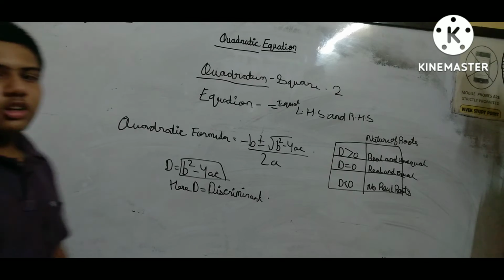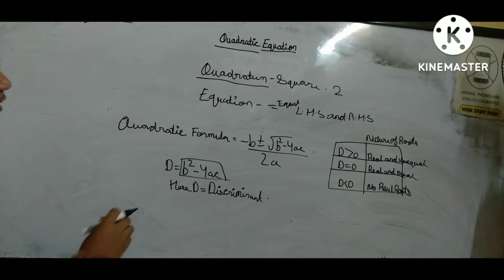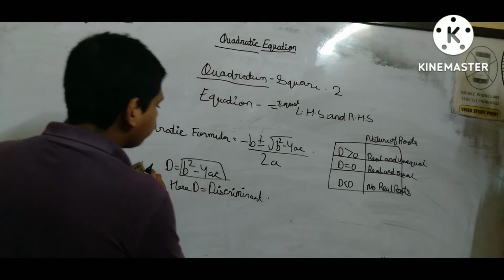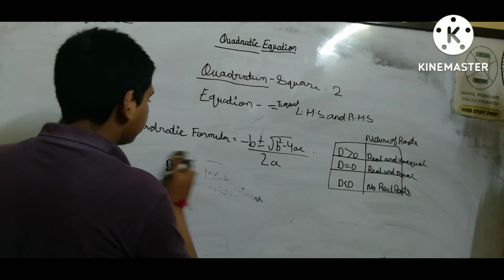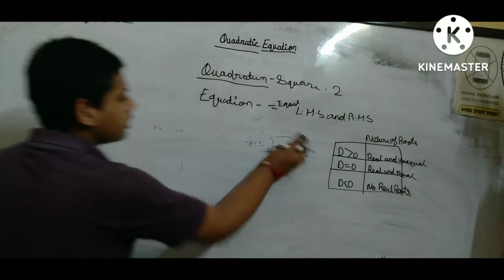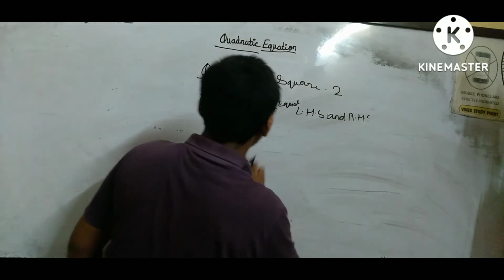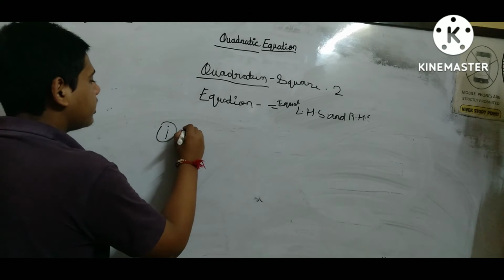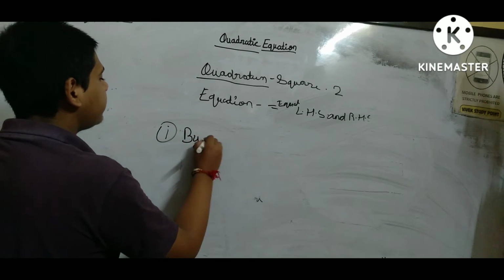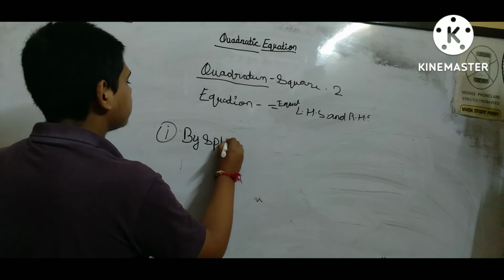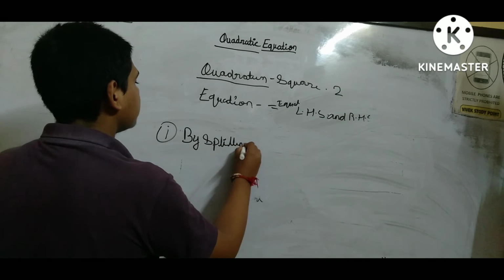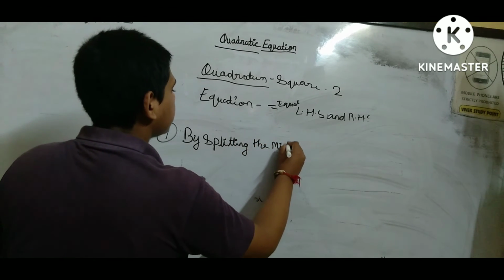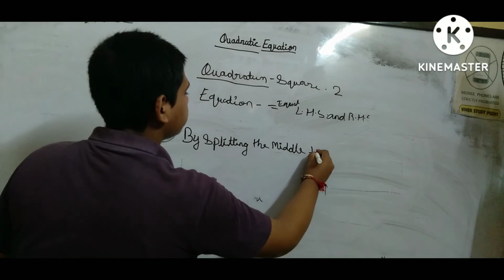So now let's discuss which methods we will use in this chapter to find the roots and the value of the given equation. The first method, which is very easy, is splitting the middle term.